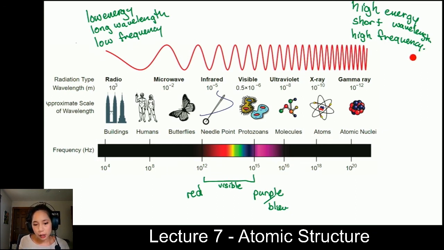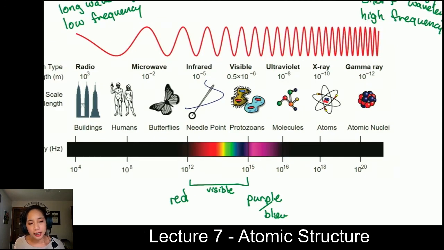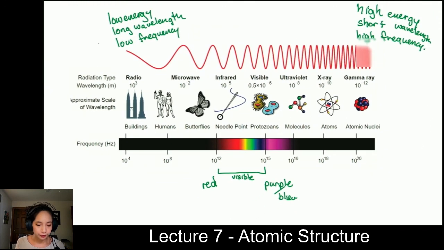To the right of the visible side, we have ultraviolet. Ultraviolet light also comes from the sun, and this is why you get sunburned on really bright days. That ultraviolet light has a little more energy than visible light, and that's enough energy to break bonds in our skin and cause burning. You might know this as UV light. UV is just short for ultraviolet.